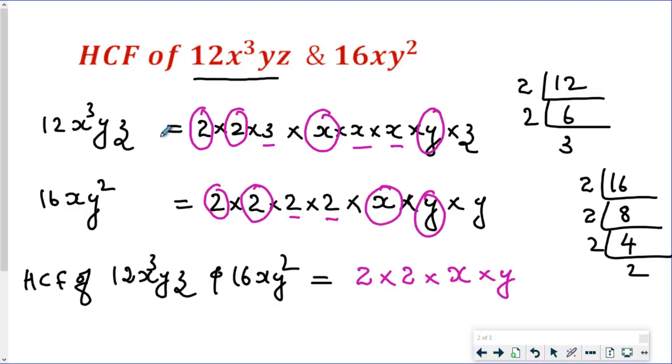But the first monomial has one more variable, z, while the second monomial has no z. Similarly, the second monomial has one more y, but the first monomial has none. So the HCF is 2 into 2, that is 4, times x into y, that is xy. So the highest common factor of these two monomials is 4xy.